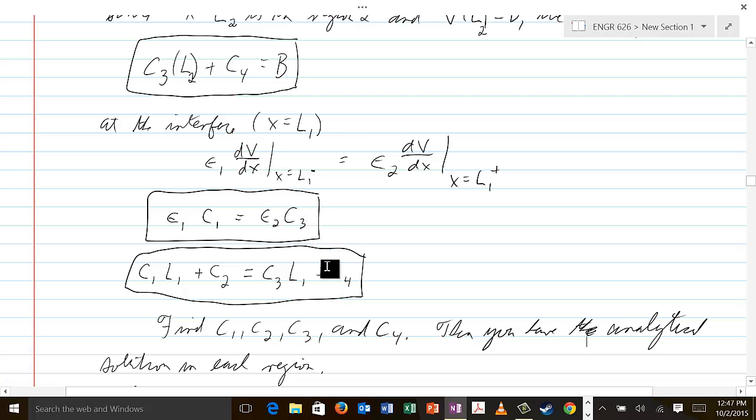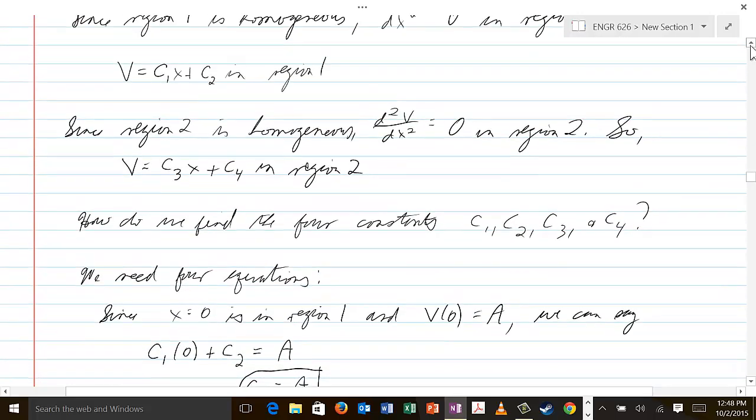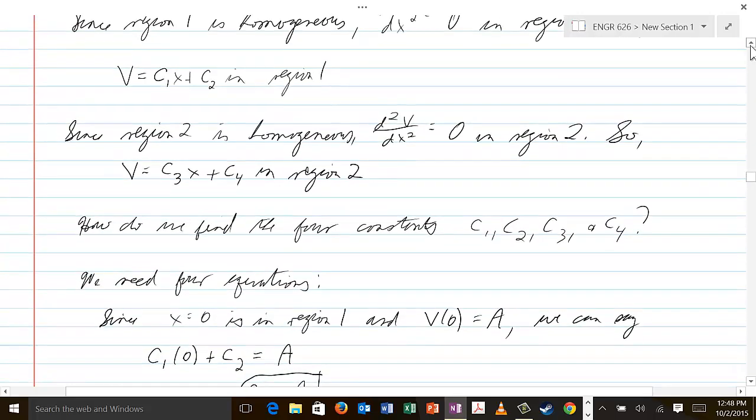And then the final condition right here, where is that coming from? Well, V cannot take a sudden jump at the interface. Why not? Because E is equal to the negative of the derivative of V. If V took a sudden jump, then you would have essentially an infinite derivative there, and therefore you'd have an infinite electric field.